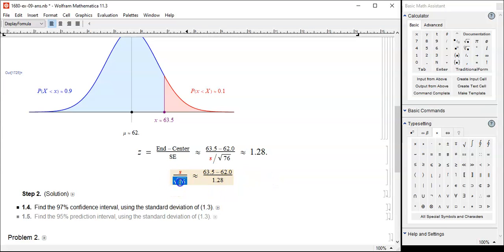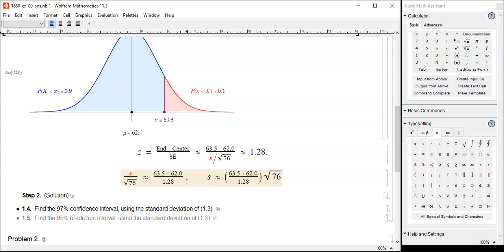One more thing to do, flip over this square root of 76 to the other side. So s is approximately equal to, and this quantity, I didn't calculate them yet, but you're welcome to calculate whenever you're ready. And square root of 76. We just multiply this denominator to the other side.